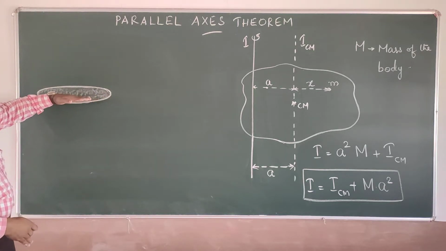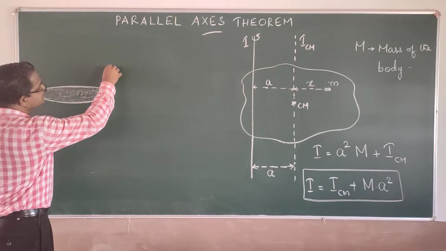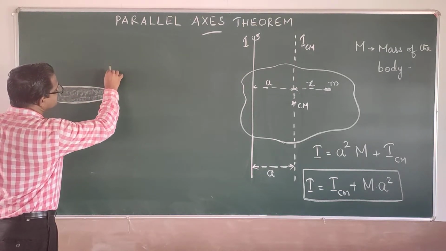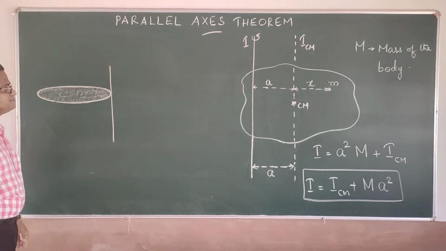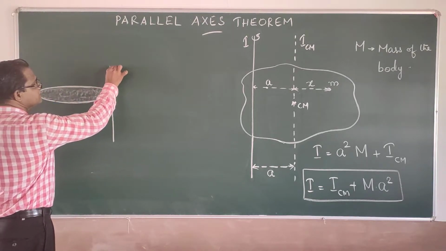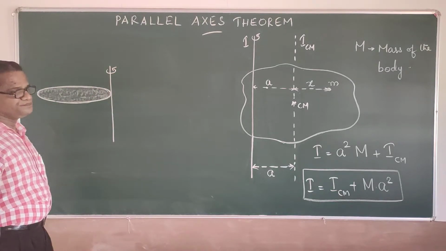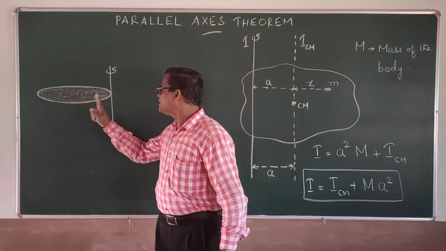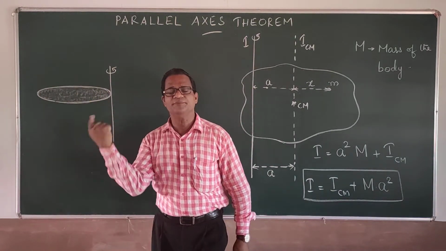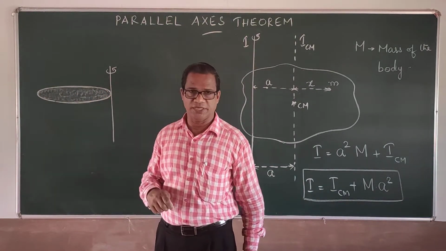So I can consider an axis which is tangential and perpendicular to the plane like this. Suppose this is the given axis. If the disk rotates about this axis, what is its moment of inertia?